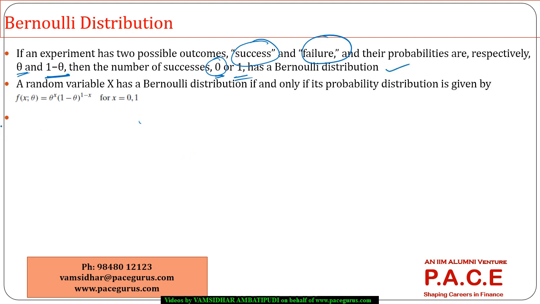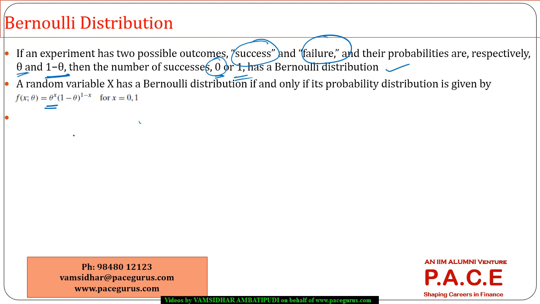So the probability distribution is typically given as theta to the power x, right? If I am talking about the probability of success, theta is the probability of success, so we are putting it as theta to the power x. X will be either 0 or 1 depending on whether it's a success or a failure.